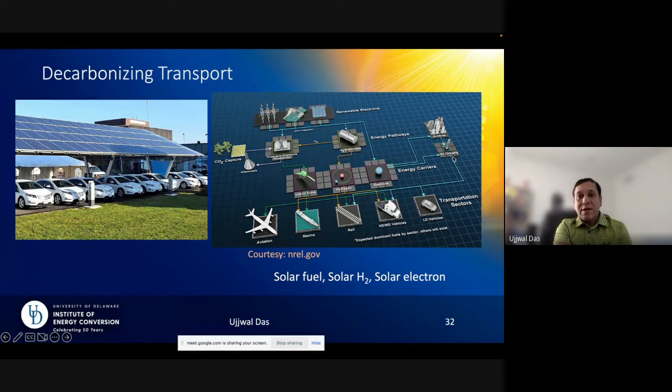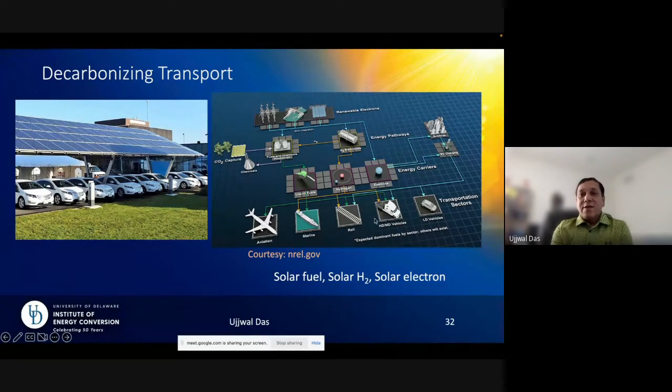Drawing from NREL, that's the National Renewable Energy Laboratory in the US, has made this cartoon. You can have a renewable electron here which can directly charge your light duty vehicles, but it's probably not going to be sufficient to charge a rail or a heavy duty vehicle or a ship or an airplane.